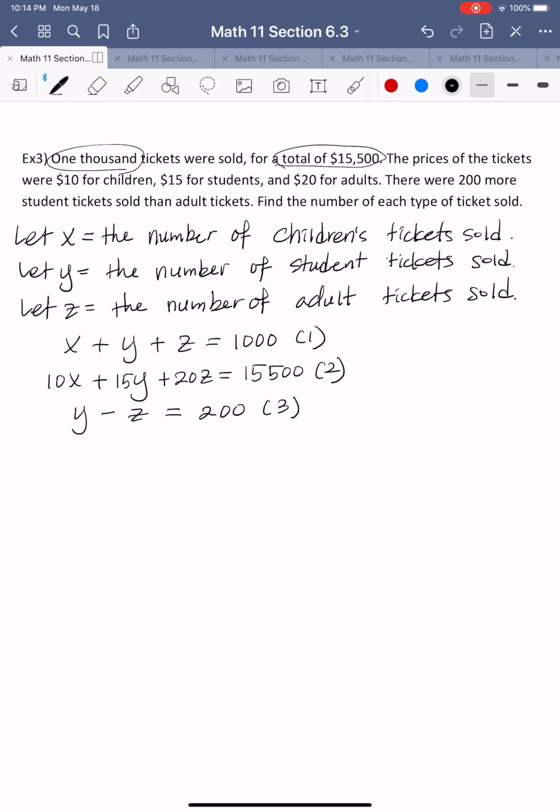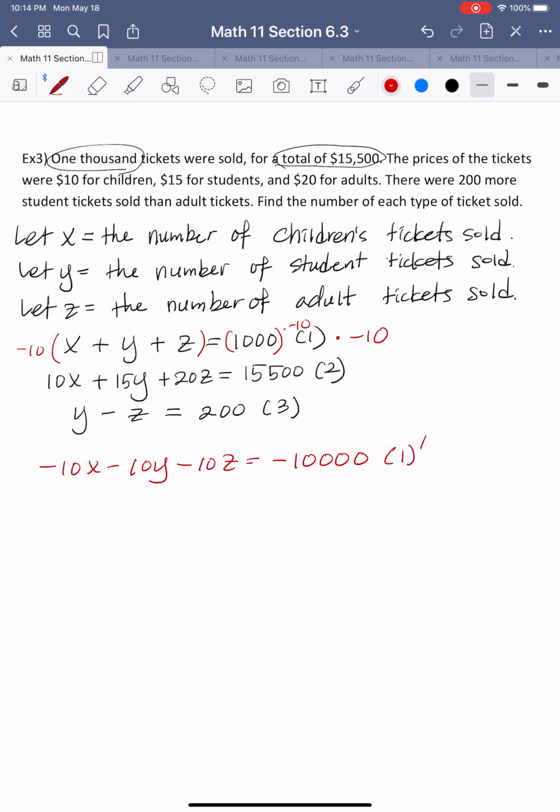So I'd like to multiply equation 1 by negative 10, which means I'm going to multiply by negative 10 here. Which gives negative 10x minus 10y minus 10z equal to negative 10,000. Okay, so this is equation 1 prime.